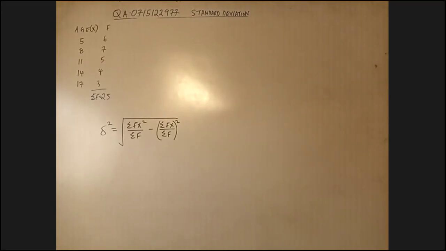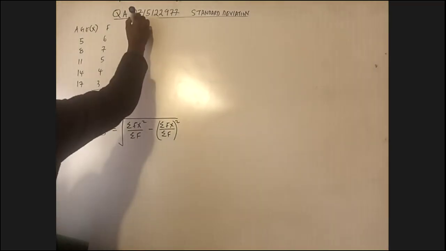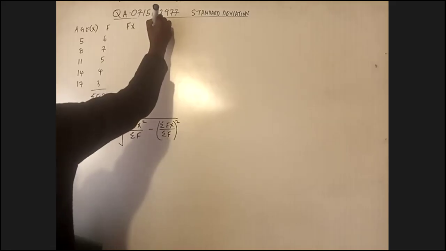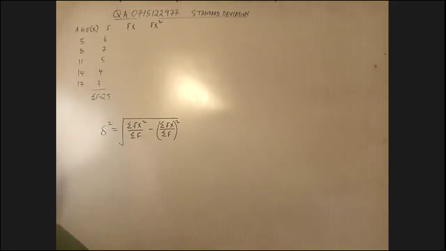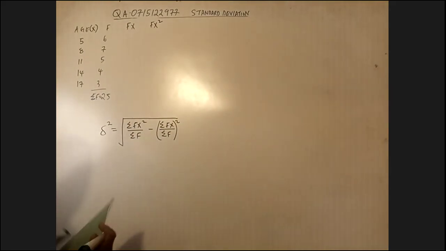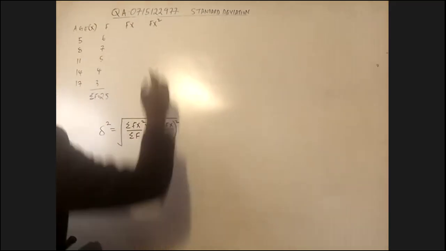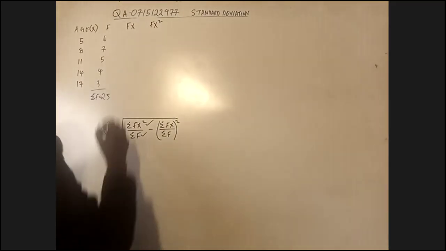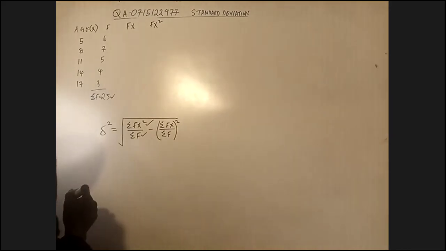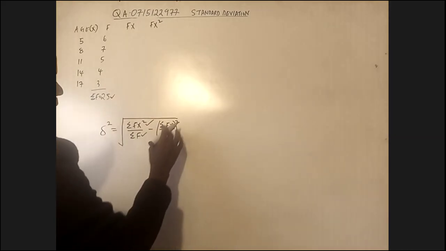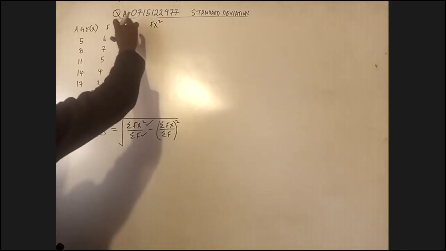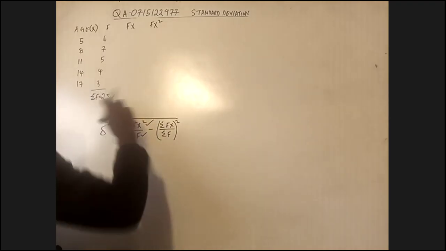Now, what do we need? We need to find x, f, fx, and fx squared. We need summation of f, which we already have there. We just need fx and f, and the total.